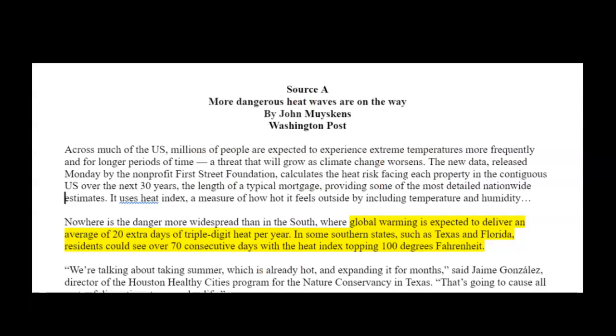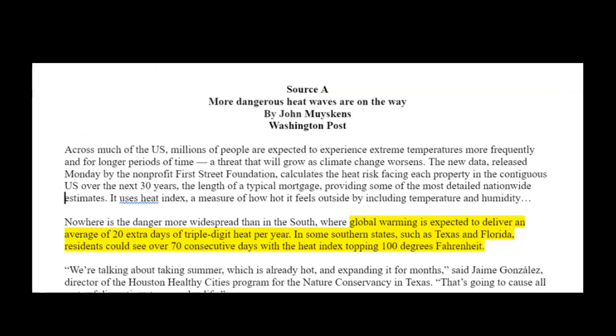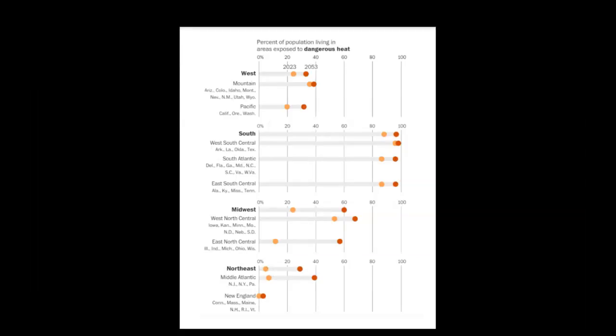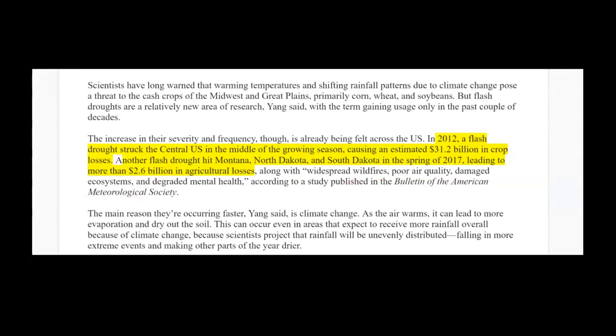If I'm arguing that heat and drought will inevitably occur in the U.S., this talks about global warming effects on heat. This shows global warming effects on heat through visual data, so I can translate that into words. This one talks about daily temperatures in urban areas being higher, and this one talks about the resulting drought that's affecting crops and costing us a lot of money.